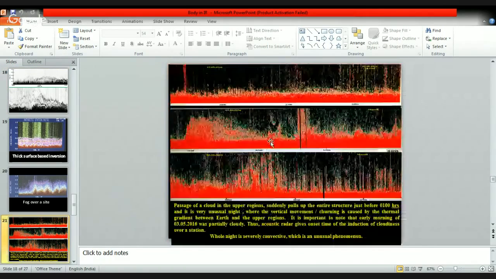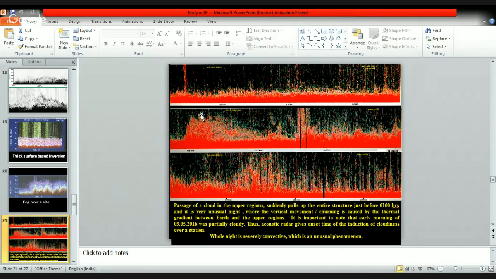In Shamli, in this particular graph we were operating, there was suddenly a thunderstorm, and one can see that this is the portion, during the night time. If there is a thunderstorm at night, that means the cooling is taking place in the upper regions. As a result, the temperature gradient changes, the lower surface becomes much warmer compared to the air here, and we suddenly see vertical movement up.